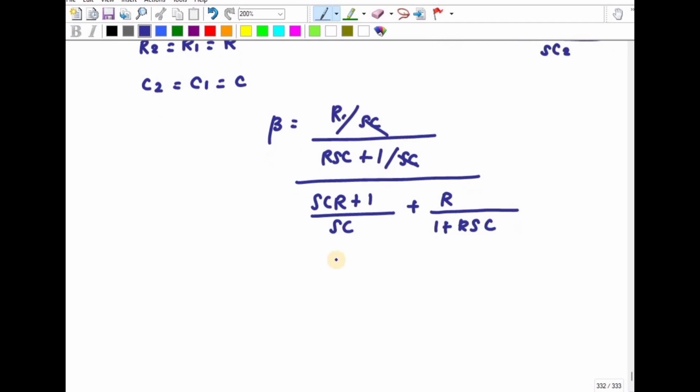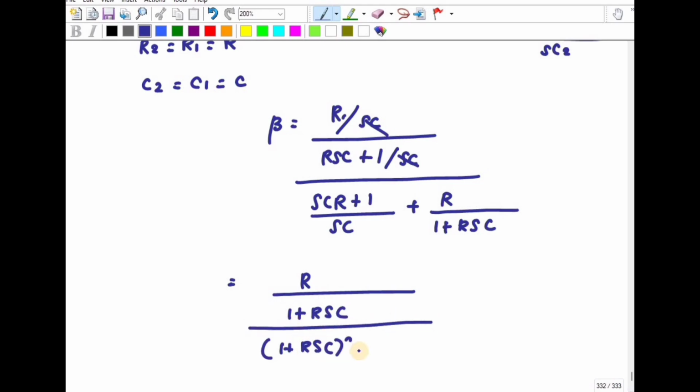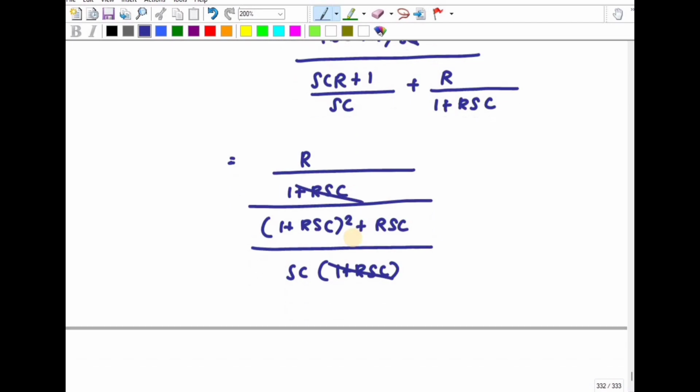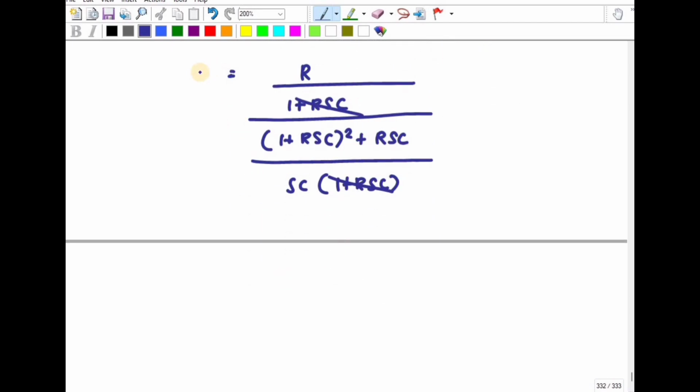So I can write it as R divided by 1 plus RSC, divided by 1 plus RSC square plus RSC, divided by SC into 1 plus RSC. So these two get cancelled out. So this is my beta.